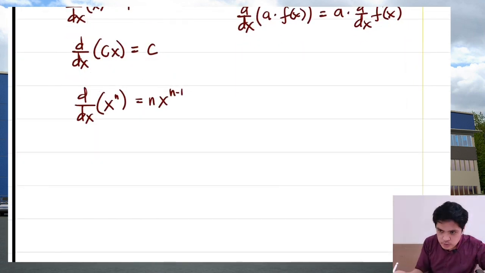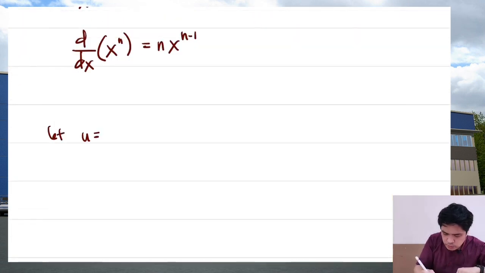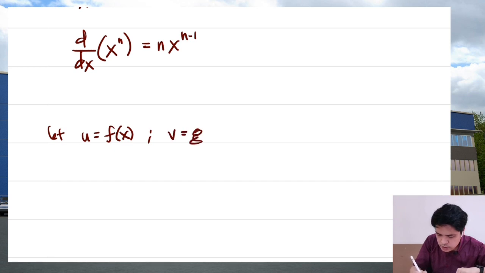And from the examples I've shown, we could also say that if you have two functions, let's say we'll let u be a function of x, so small letter f of x, and we have another function v, which is also a function of x, so let's call that g of x. So both are functions, both u and v.